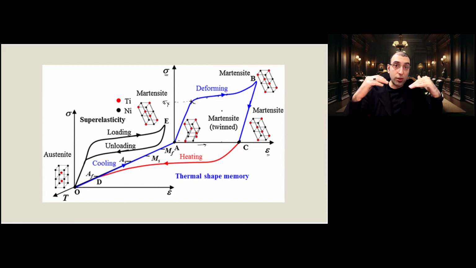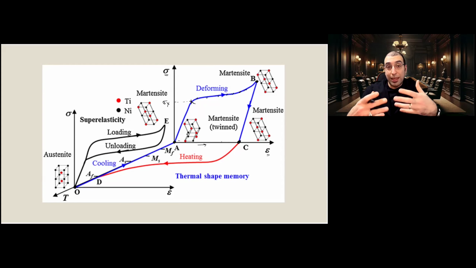You need those about plastic deformations and alloys to be able to follow on this. But we move on. As you're applying deformation, it becomes stronger and stronger because of strain hardening, and then you end up at point B. Because now we are at low temperature, for a shape memory alloy we are at the martensite phase.